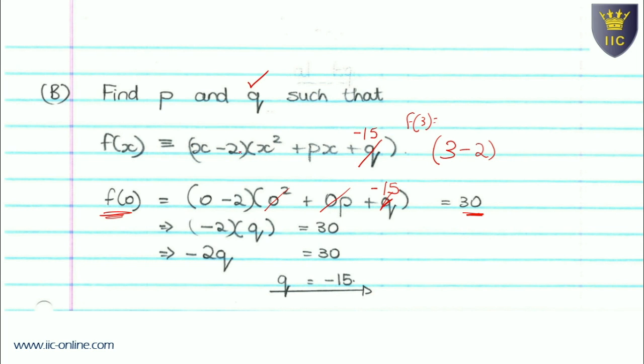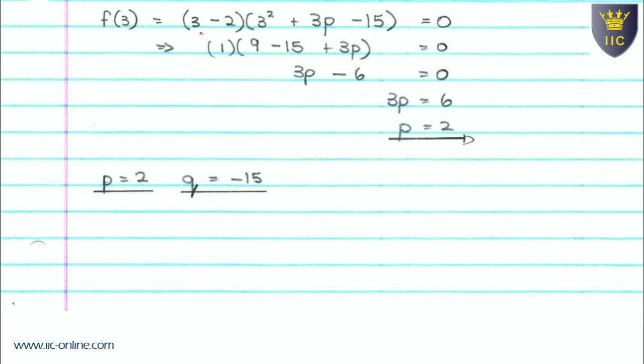In the next part of the equation we have x squared, that's going to be 3 squared, which is 9, plus px, well we know that x is 3, so that's going to give us plus 3p, and q, fortunately we know is minus 15, and the other thing that we know is that when f of 3 is placed into this equation, we know it's a factor, so it all equals 0. So that's where we are over here. 3 minus 2 into 3 squared plus 3p minus 15.